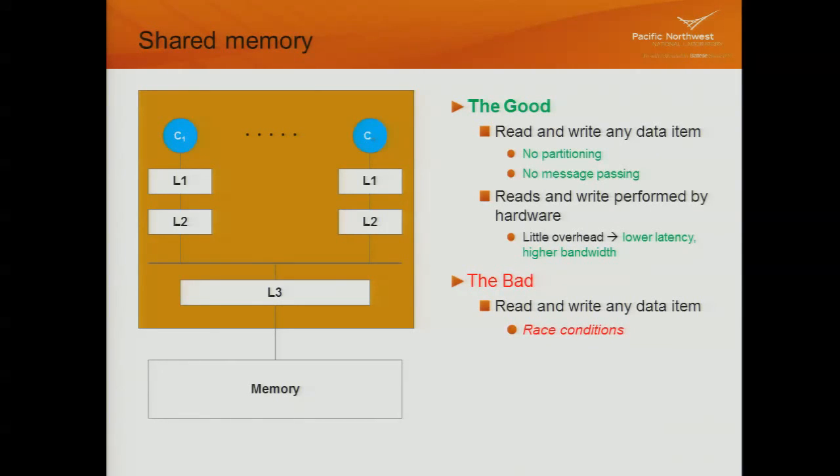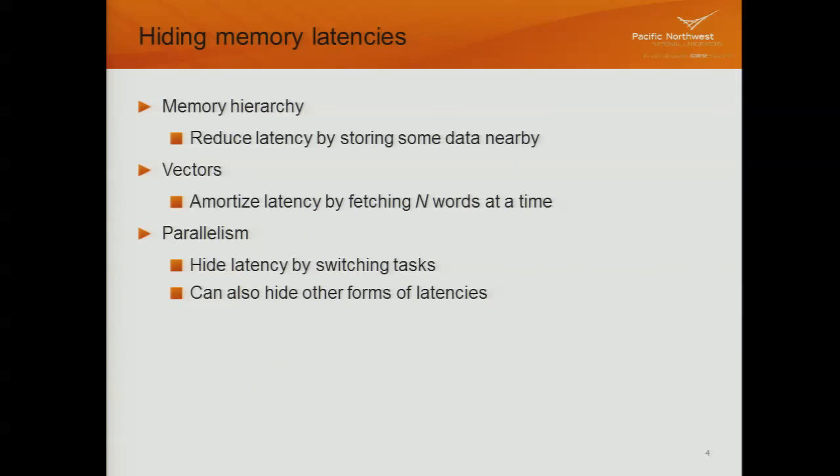The bad thing, though, is that because any thread can read and write any data item at will, you end up with race conditions, okay, where one thread tries to read a data value that another thread is writing, and they read and write in the wrong order, so you end up reading the wrong values at the wrong time. This is something that doesn't exist in MPI, right?